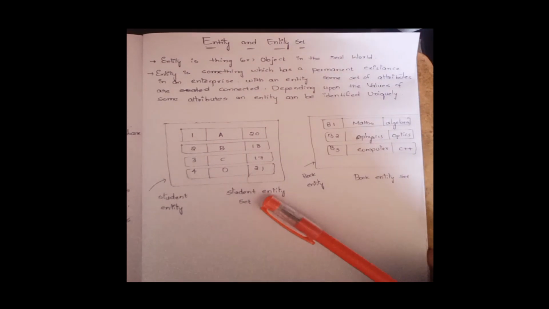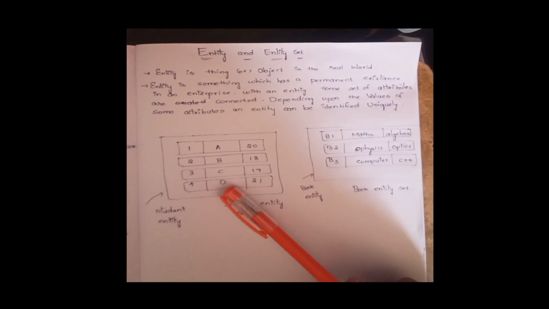Now let us define what is an attribute, what is an entity, and what is an entity set with one example. See, this is a student entity. You can see it, right? This is a student entity. This is another student entity, and this is another student entity, and this is another student entity.